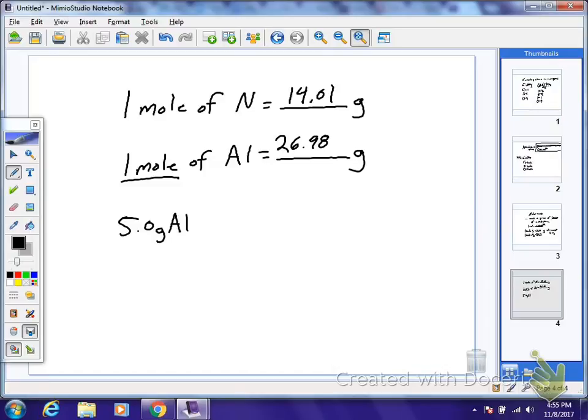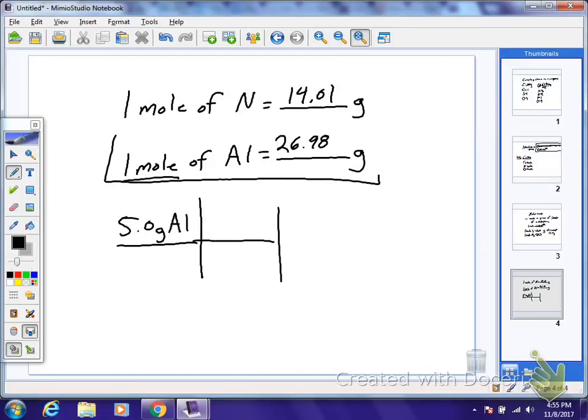So what I can do is go, okay, 5 grams. I'm going to use this information here to set up my conversion. I want to find moles of aluminum. So I'm going to put grams of aluminum down here. Now why do I put grams of aluminum down there?